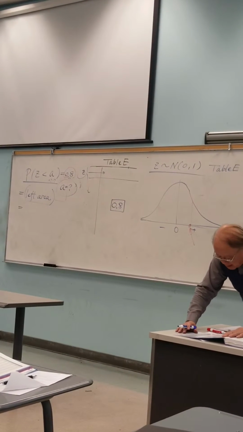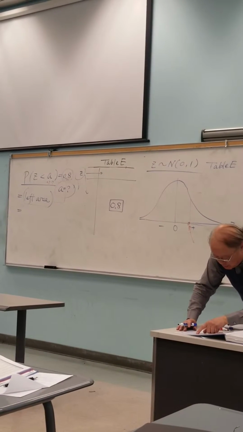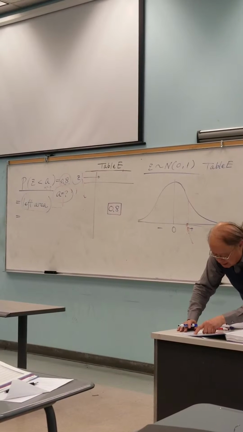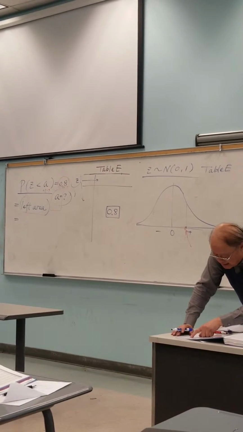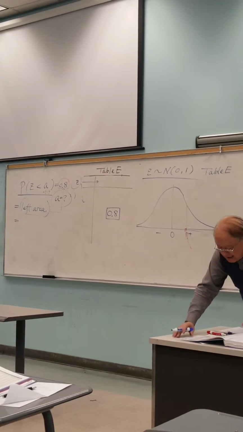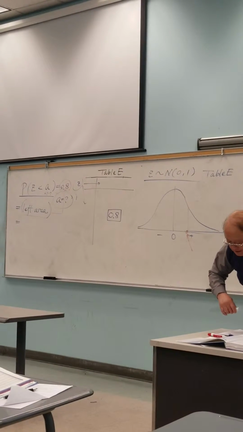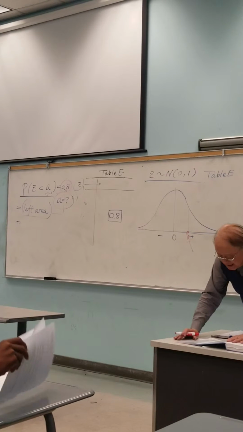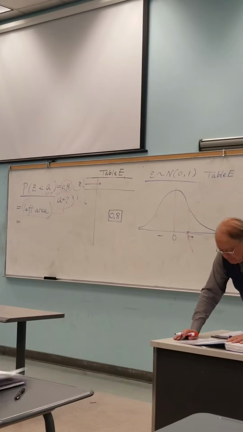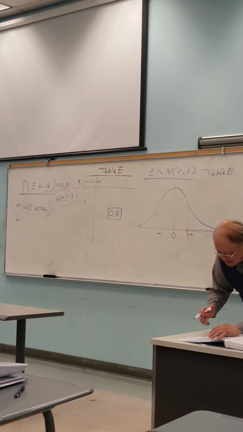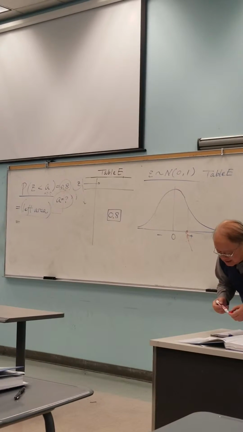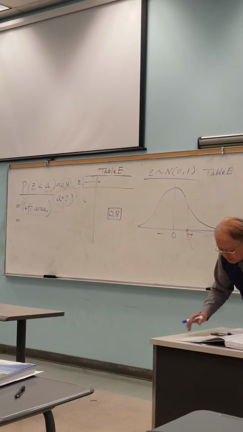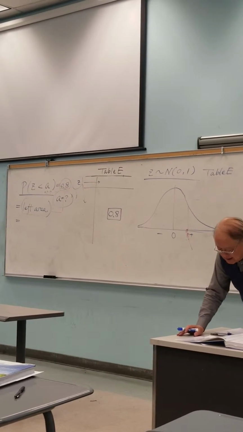You go to the positive z-score, 0.84. 0.84 is not the closest. 0.85 is not the closest area either. Which is the closest area?